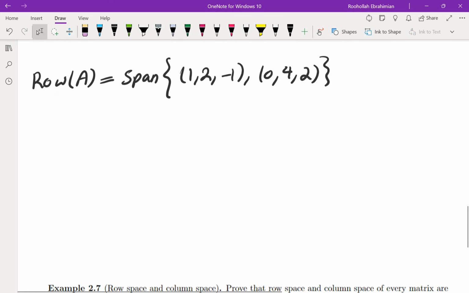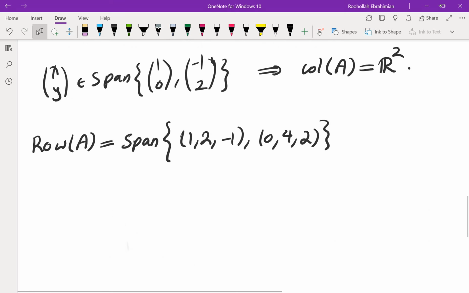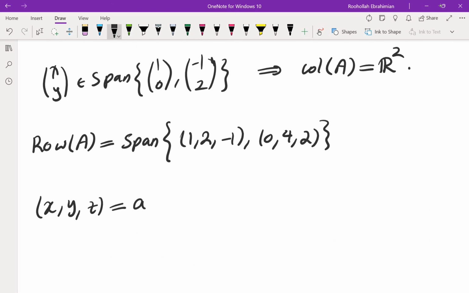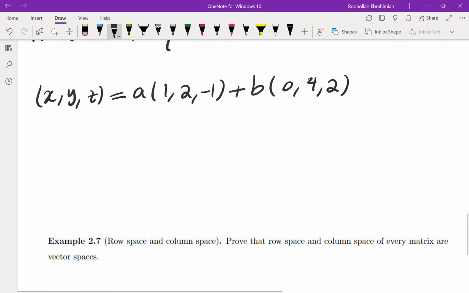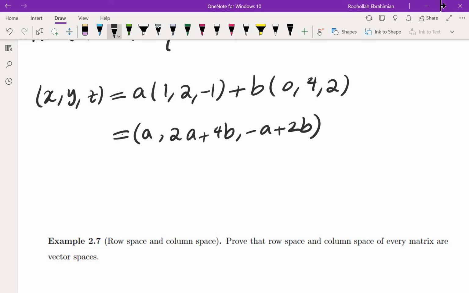So what is the span of these two vectors? It is basically every vector that is a times (1, 2, -1) plus b times (0, 4, 2). I want to understand this a little bit better. So this is not the entire R3, but it is (a, 2a + 4b, -a + 2b).